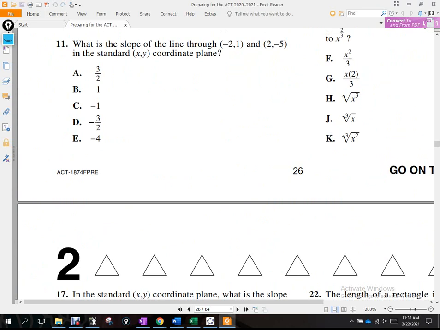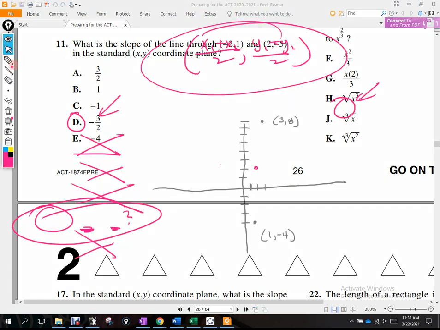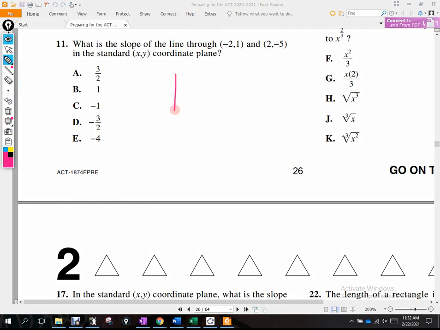In a minute. What's the slope of that line? What's another phrase that you guys have learned for slope?